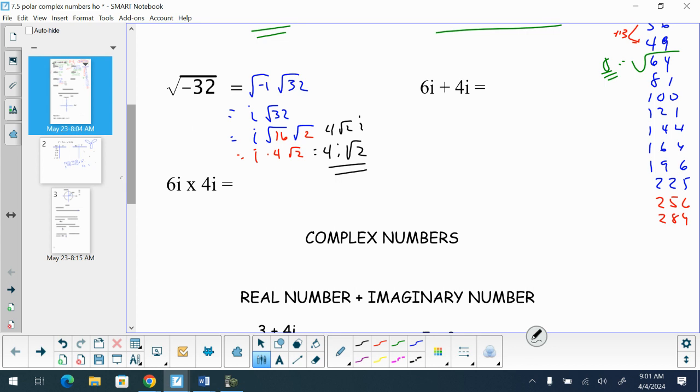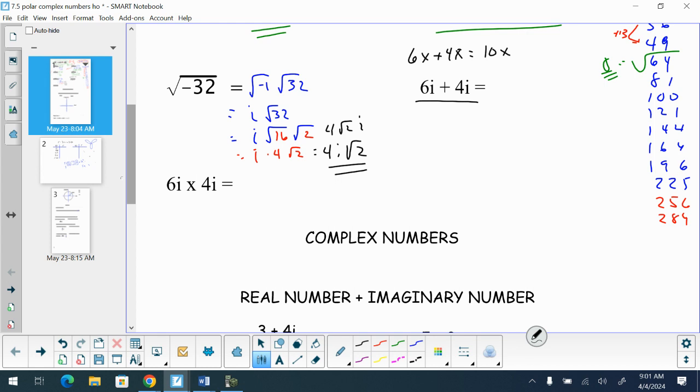If I have two imaginary numbers and add them together, if I have 6i plus 4i, think of the i as the variable. 6i plus 4i, what do you think that equals? Seth, what do you think? If I have 6x plus 4x, what would that equal? 10x.